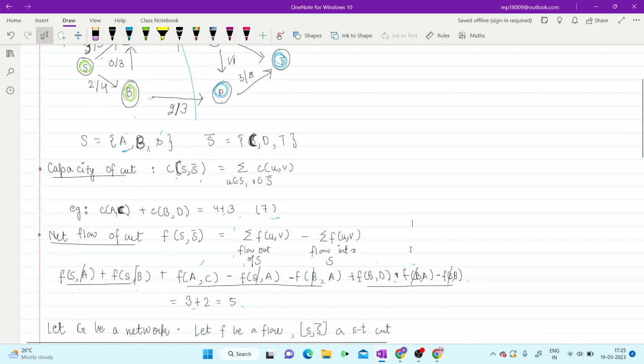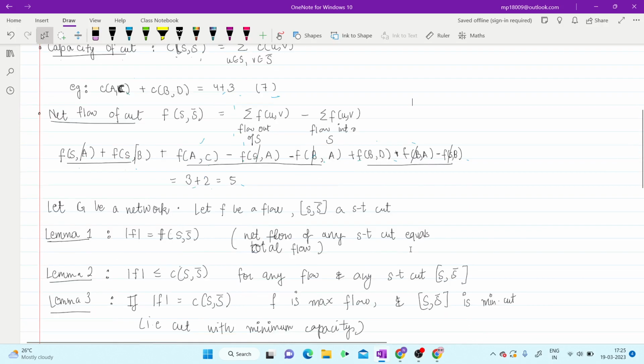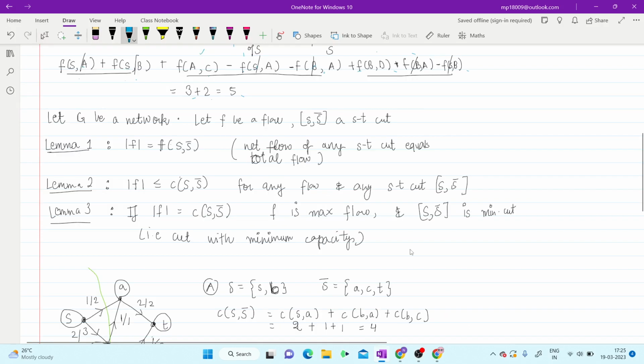Once we have defined the capacity of a cut and the net flow of a cut, we have three preliminary lemmas which show some relations. Lemma 1: the net flow of any cut will always be equal to the value of the total flow. Lemma 2: the value of the total flow will always be less than or equal to the capacity of a cut.